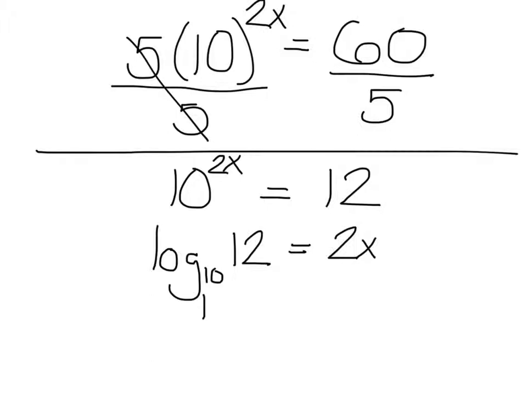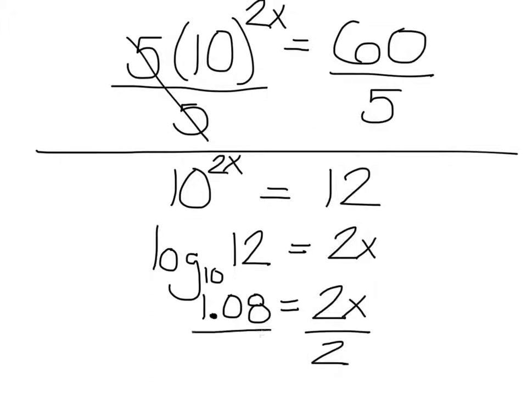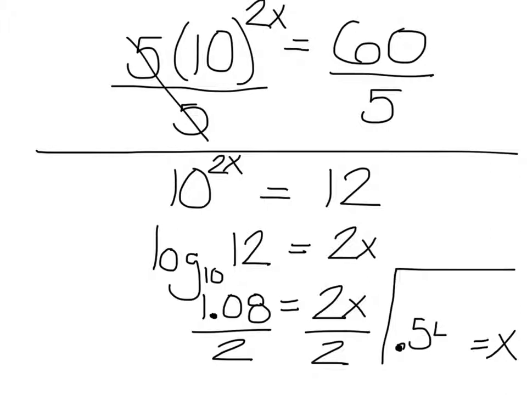Another way I could say that is 10 to the 1.08 power gets me to 12. Okay? So I have that left-hand side, and now I'm just going to rewrite my right-hand side. Pretty easy at this point. Now I just divide by 2. And 1.08 divided by 2 is 0.54.